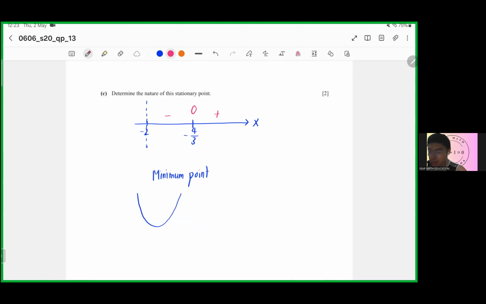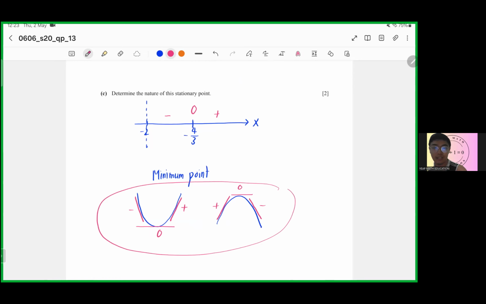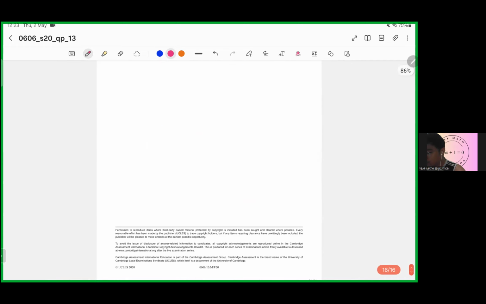For a minimum point, the gradient function will show negative, then 0 at the minimum point, and then positive. For a maximum point, it will show positive, then 0, and then negative. So you can use this characteristic of the graph. Now I'm checking for the answers.